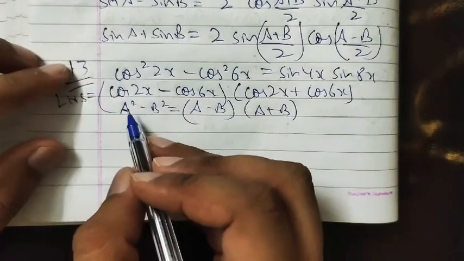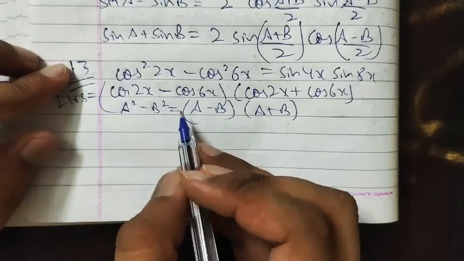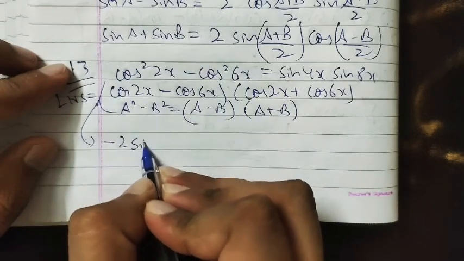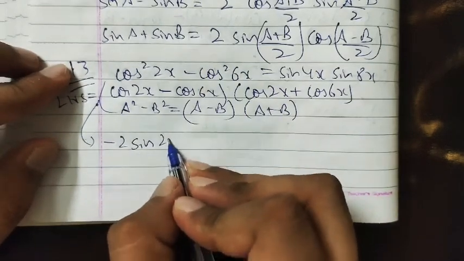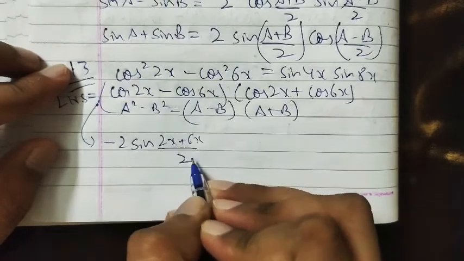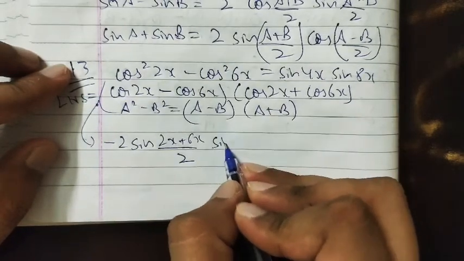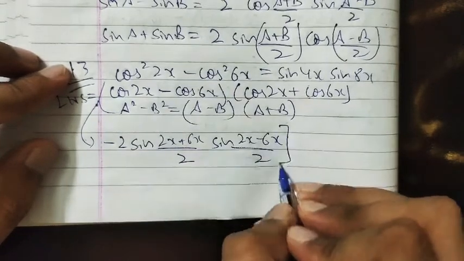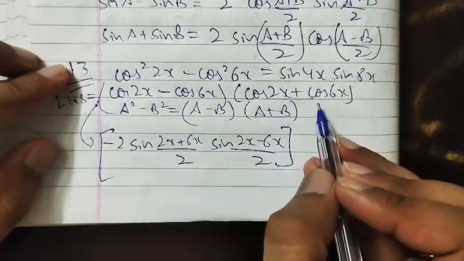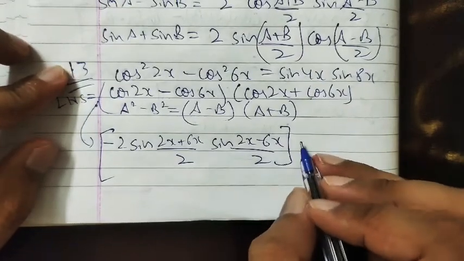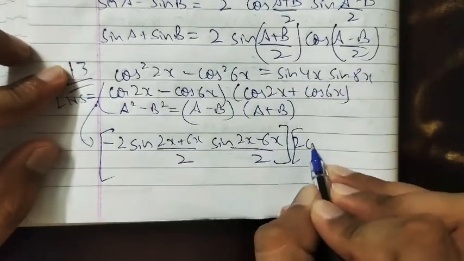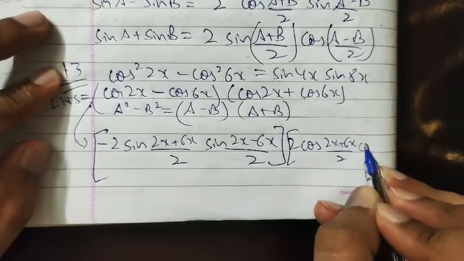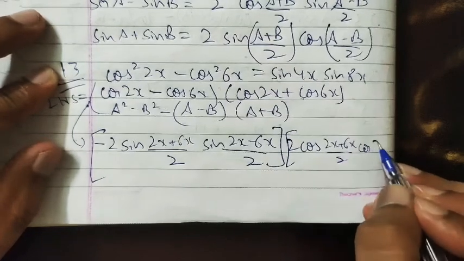Now we know that cos A minus cos B is equal to minus 2 sin (A plus B) upon 2 sin (A minus B) upon 2. So minus 2 sin (2x plus 6x) upon 2, sin (2x minus 6x) upon 2, right? Similarly, cos A plus cos B is 2 cos (2x plus 6x) upon 2, cos (2x minus 6x) upon 2.